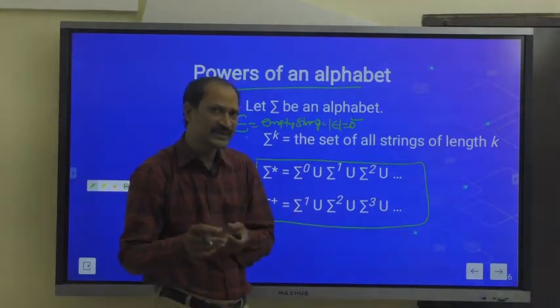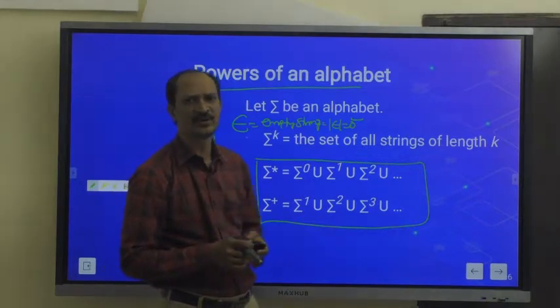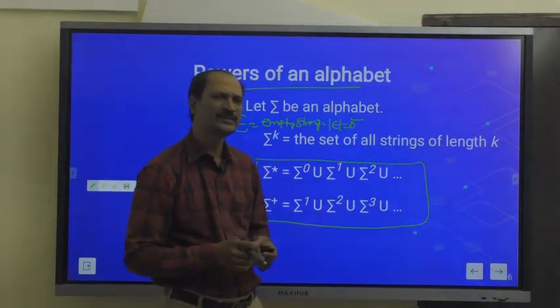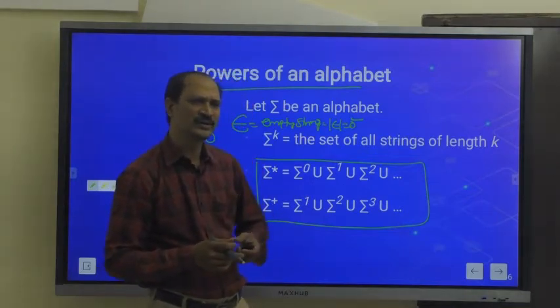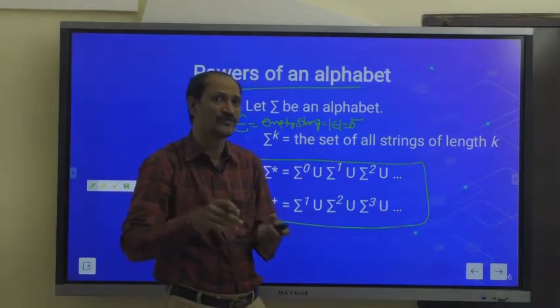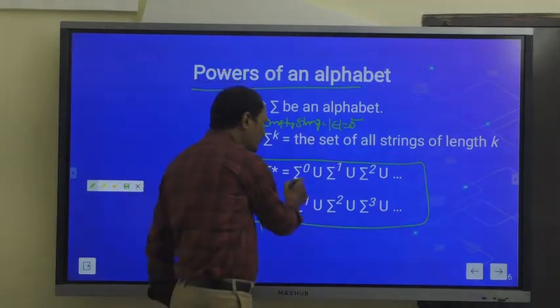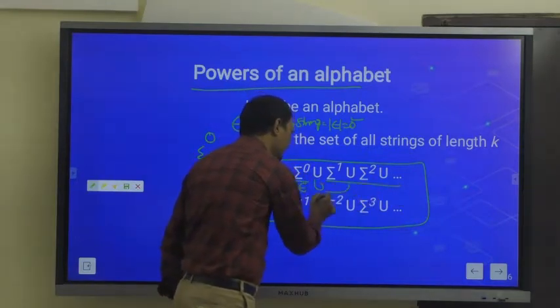So you always have epsilon in sigma star, whereas you don't have epsilon in sigma plus. What do you mean by sigma plus? It is the positive closure where you take the set of all strings whose length starts from 1 but not from 0. So sigma power 0 means epsilon will be included, and all the remaining parts are the same.